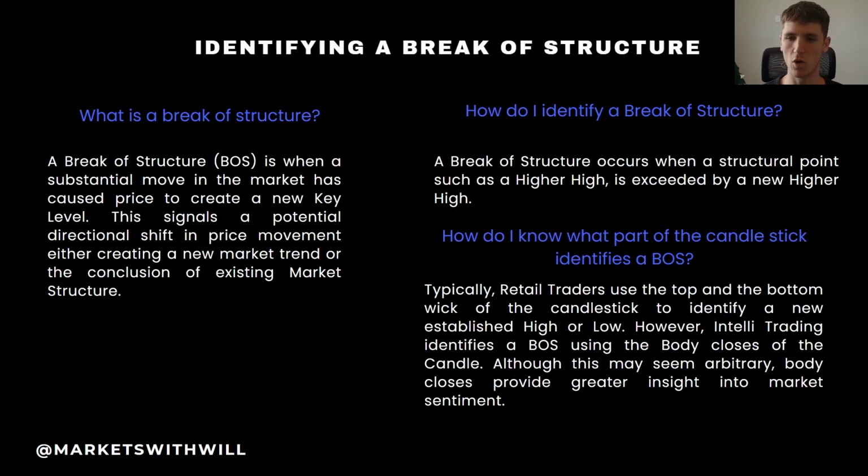How do I know what part of the candlestick identifies a break of structure? Now, a lot of retail traders use the top and the bottom wick of the candlestick to identify a new established high or low. However, I like to use the body, open and close, to identify a new established high or low. And that's because most of the price movement has been within that body. That's where the significance lies.